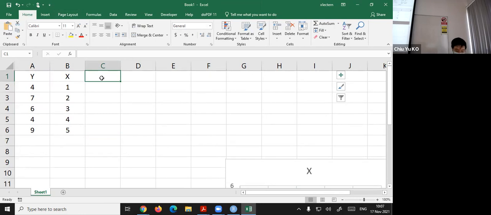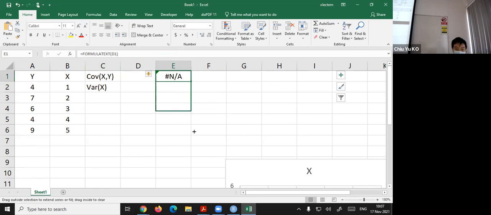Least square one. So remember the formula to calculate beta, we need the covariance of xy. We also need the variance of x. And it doesn't matter if we do the sample version or the population version.